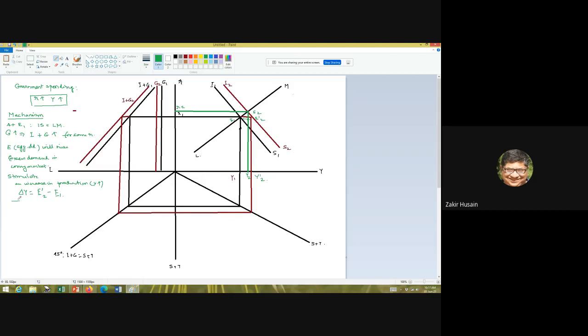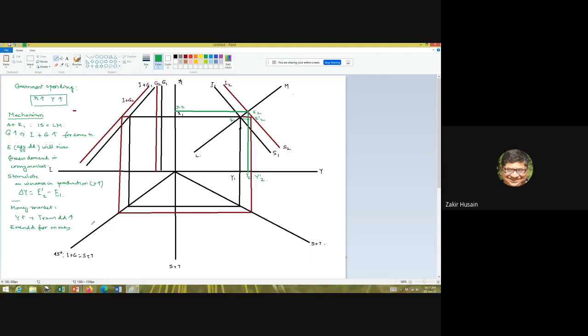So this happens in the money market, commodity market. In the money market, what happens if Y increases? The transactions demand will rise and we will have excess demand for money.